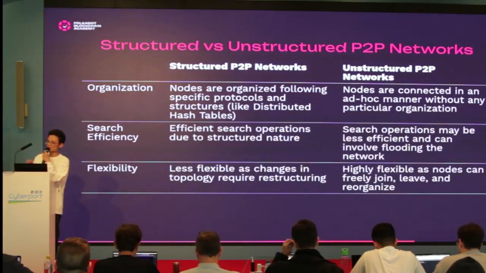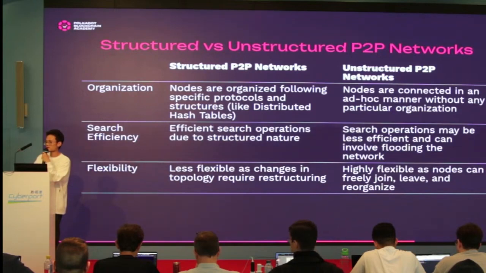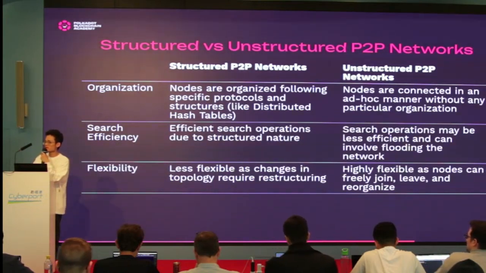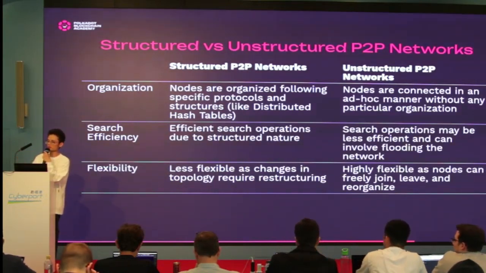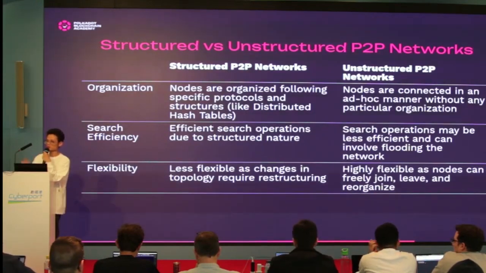So the bootstrapping nodes will be somehow the infrastructure of such a structured peer-to-peer network. Okay, so the bootstrapping node must be a part of any structured P2P network? It's not necessary for all peer-to-peer networks, but it is necessary for some structured peer-to-peer networks.